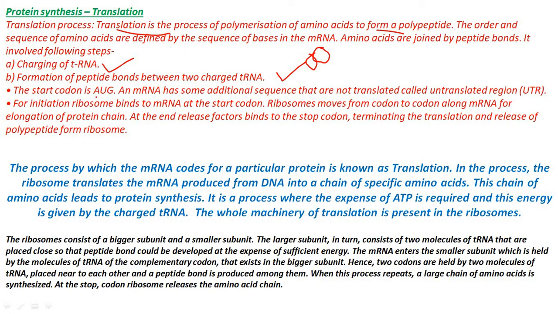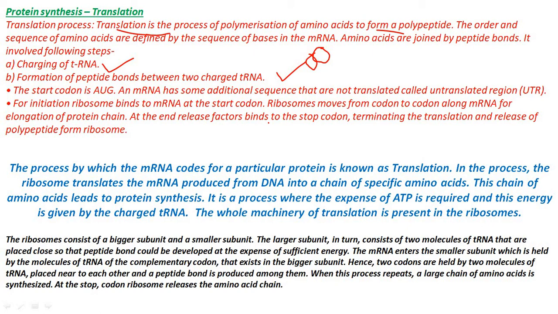The start codon is AUG, and mRNA has some additional sequences that are not translated, called the untranslated region or the UTR. For the initiation, the ribosome binds to the mRNA at the start codon. The ribosome moves from codon to codon along the mRNA for the elongation of the protein chain. At the end, release factors bind to the stop codon, terminating the translation and releasing the polypeptide from the ribosome.